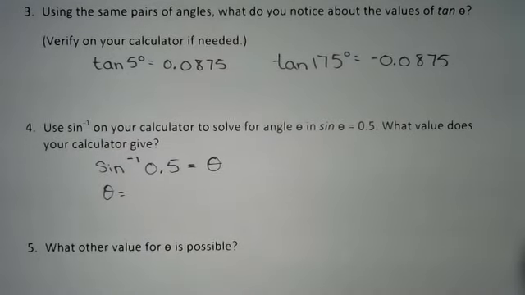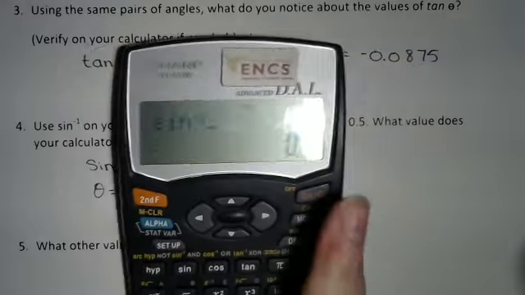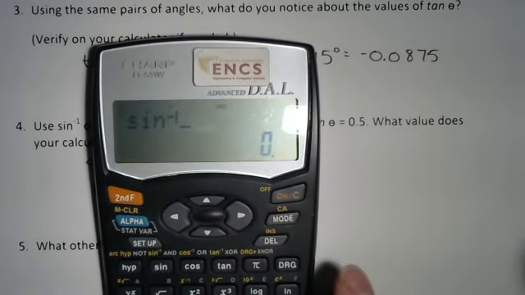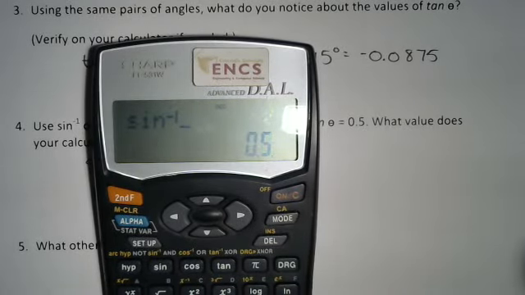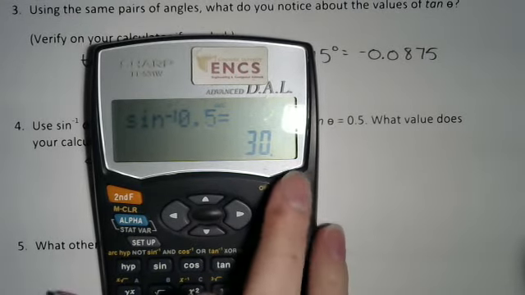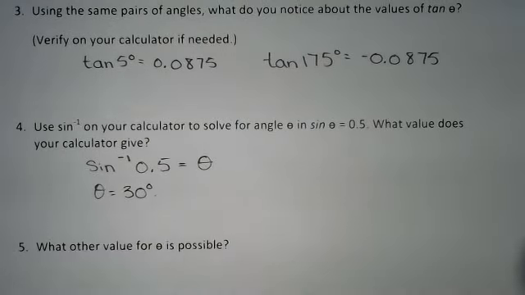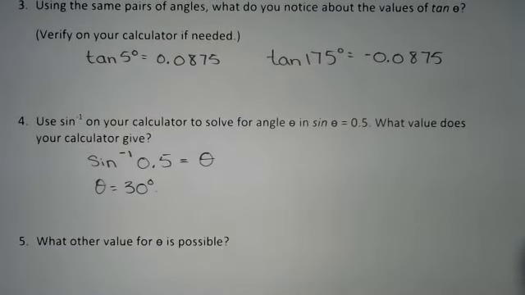Theta equals sine inverse of 0.5, which is equal to 30 degrees. So this is the answer that your calculator gives you.